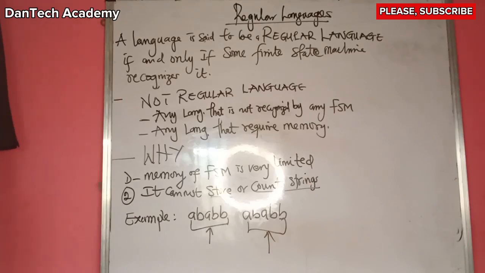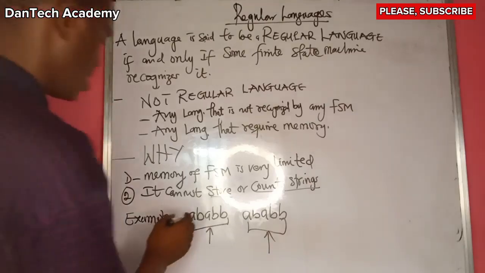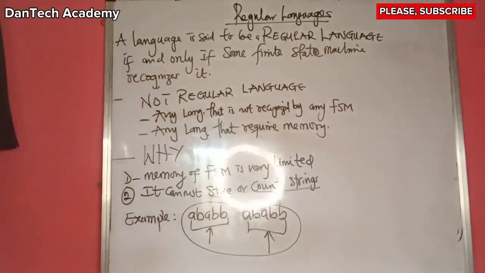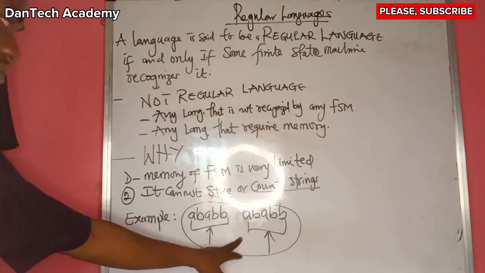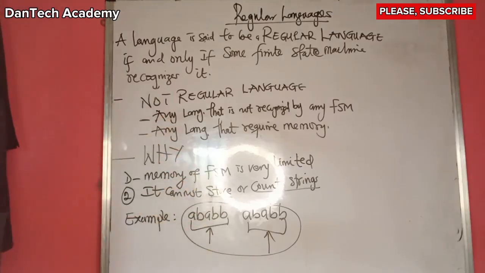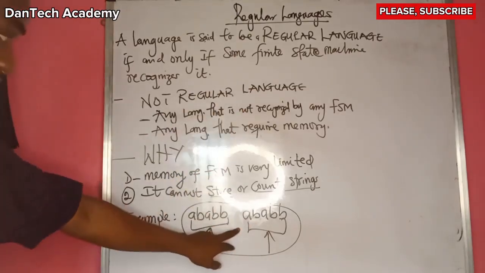Therefore, because FSM does not store or count strings, it means that this string here is not FSM. It can be stored only if it is not FSM.